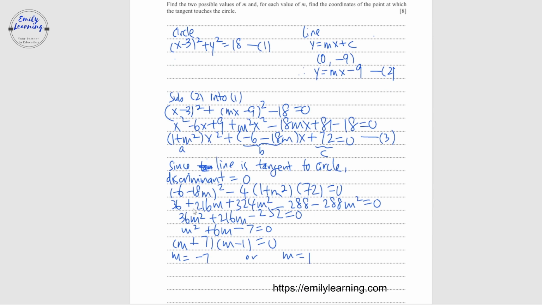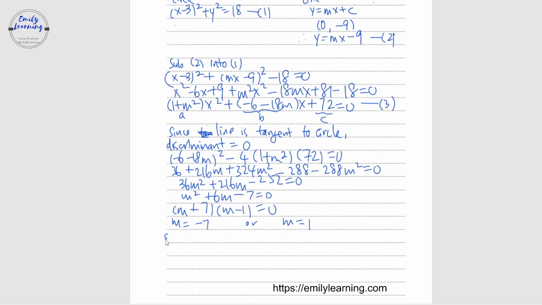So sub m equals minus 7 into 3. I have 50x squared, negative 6 minus 18 times negative 7, which gives minus 120x plus 72 equals 0.